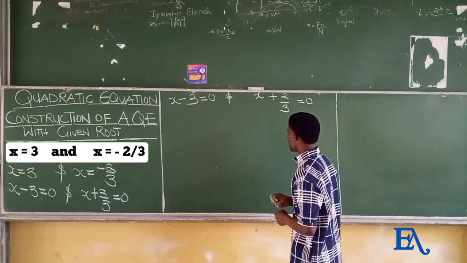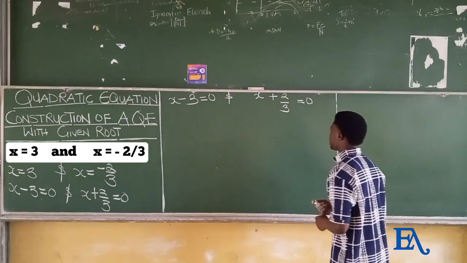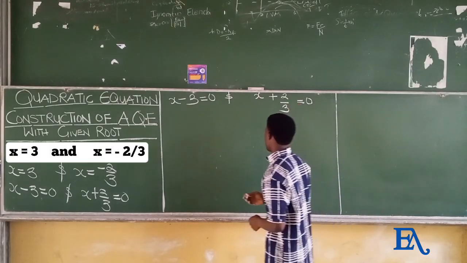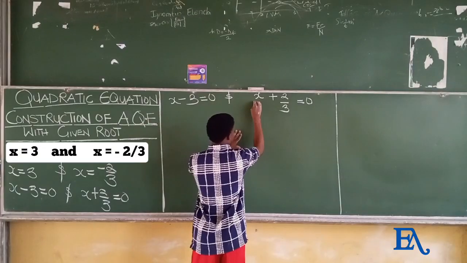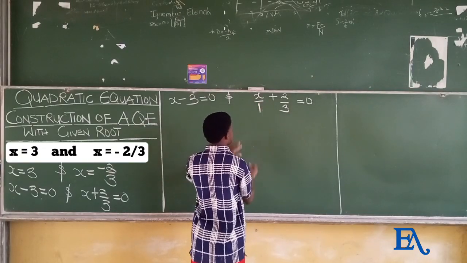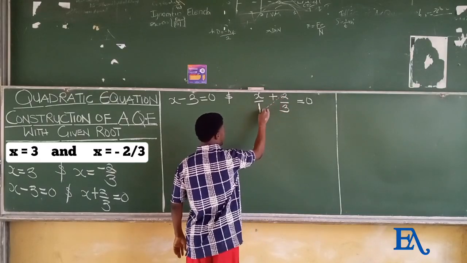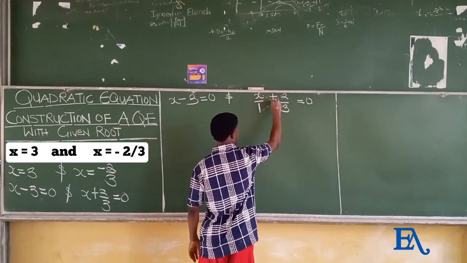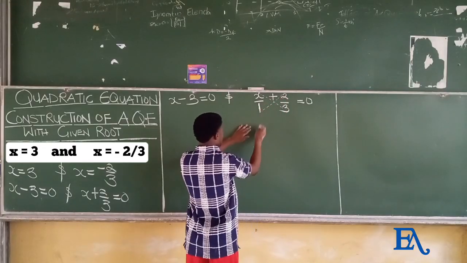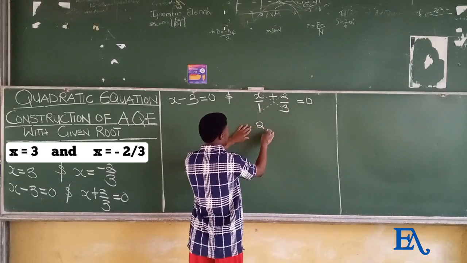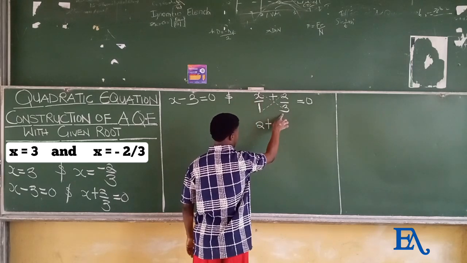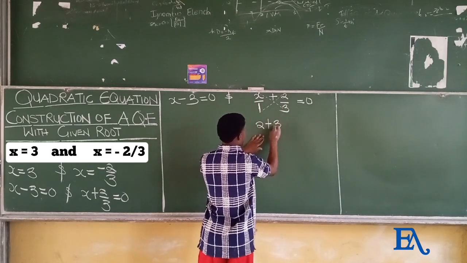Alright, there is a shortcut method that can be used to take care of the fraction in the second root. The method is by dividing the x by 1, then cross and multiply. So 2 times 1 gives 2 plus x times 3 gives 3x.